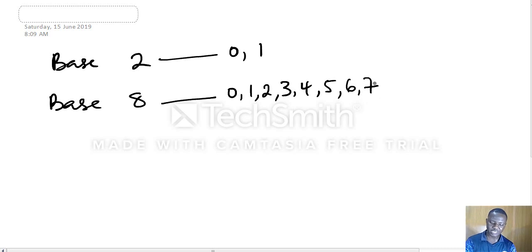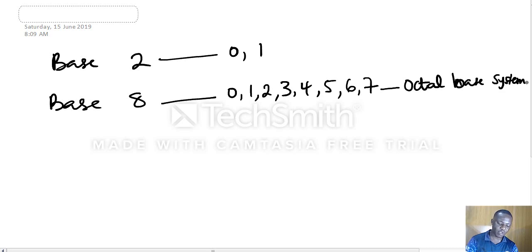The base 8 system is also referred to as the octal base system.